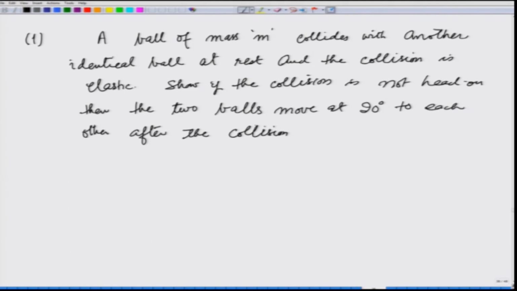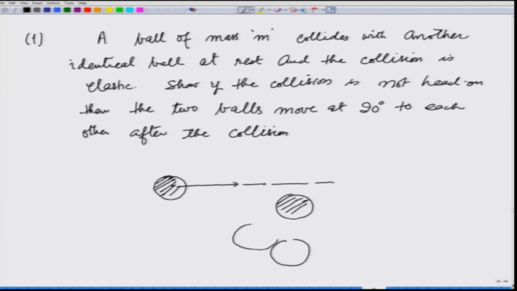So, what is happening in this problem is, here is a ball at rest, and this is in the plane of this screen, and another ball comes in with the center moving like this and collides with this ball. Now, when it collides, this is not head on. That means the line along which it was moving, the point of contact where the collision takes place, is not on that line.